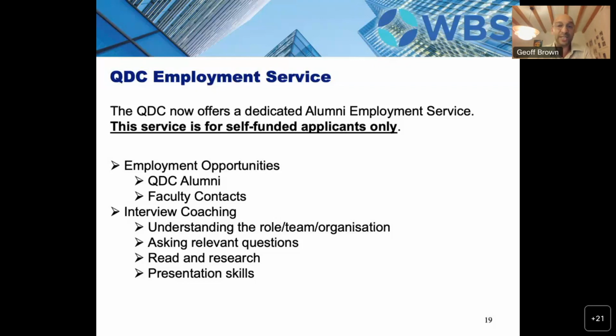But if you do need to deliver a presentation, then we certainly help with that as well. That's extremely important. So this whole employment service is specifically geared for delegates who go through the program. And by the time you get to the end of the program, then we can really help you to try and find the job that you're looking for.